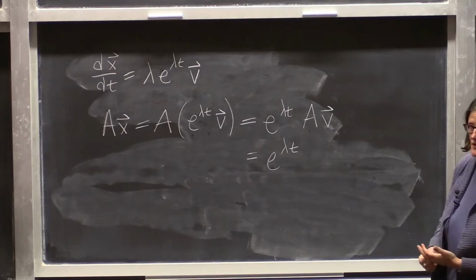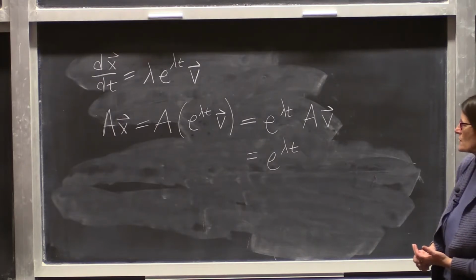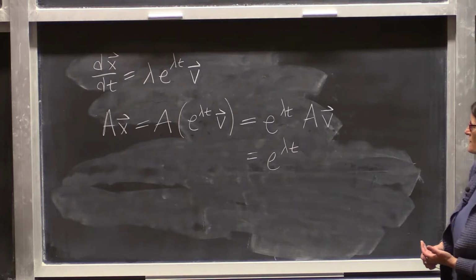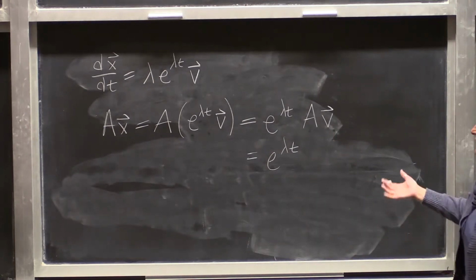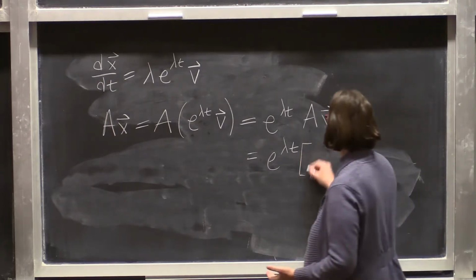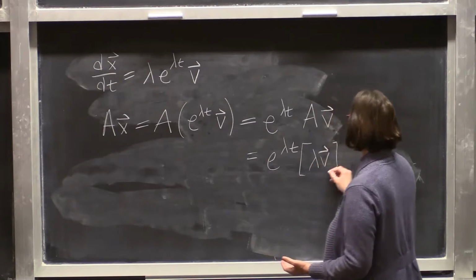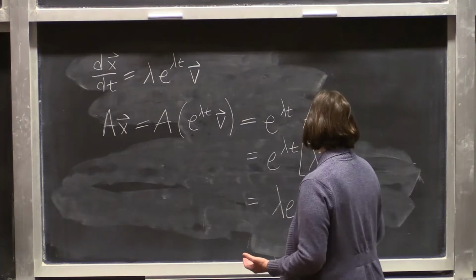Is v just any arbitrary vector? It's an eigenvector. That's the important thing. Because if v were an arbitrary vector, I wouldn't be able to write anything here. I would just say, well, what A times v is depends on what v is. But I happen to know that v is an eigenvector. So what does A times v equal? Lambda v. So this is lambda e^(lambda t) times v.